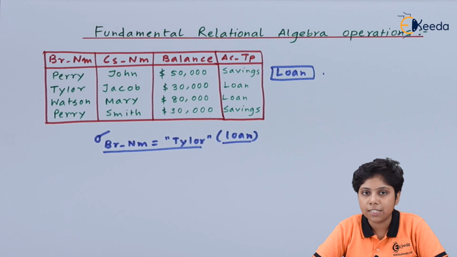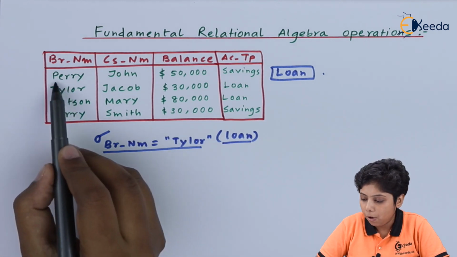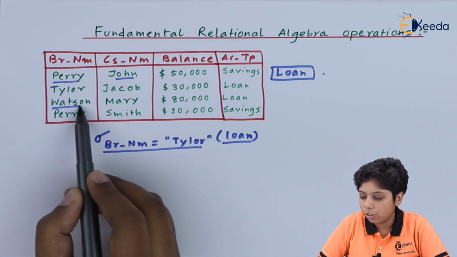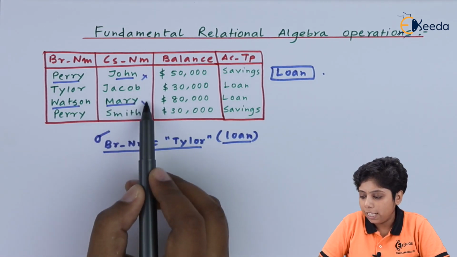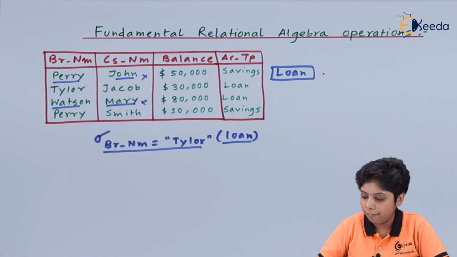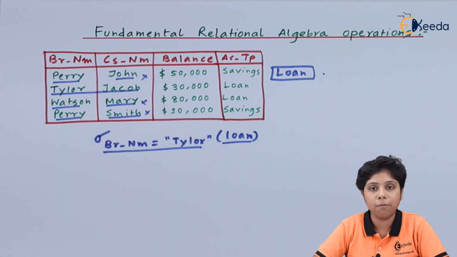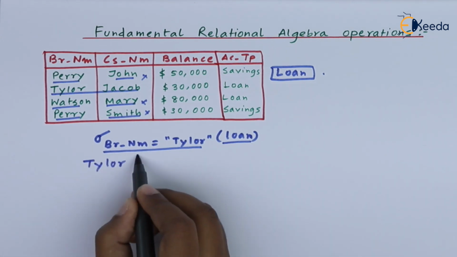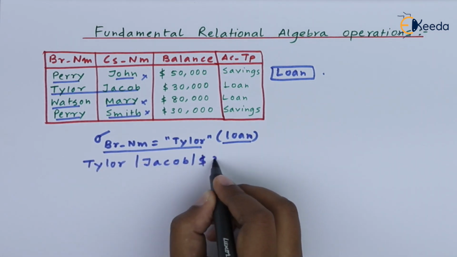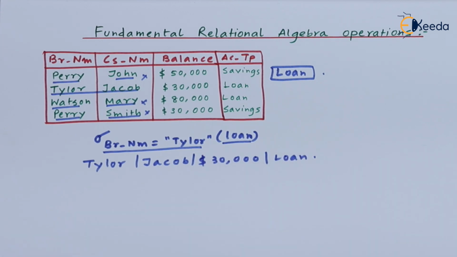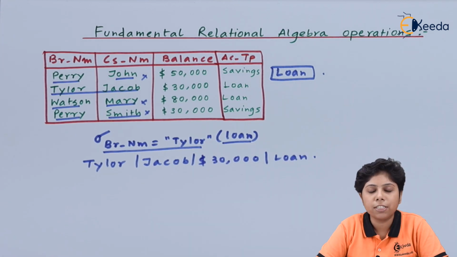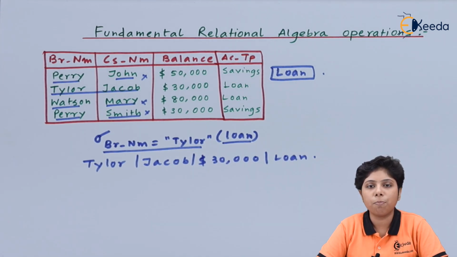So as a result we will have Perry, John, Watson, Mary eliminated, and we will have the Teller Jacob, because Perry Smith will also get eliminated. So my result will be as shown. This is the very first and basic select operation on the relation loan.